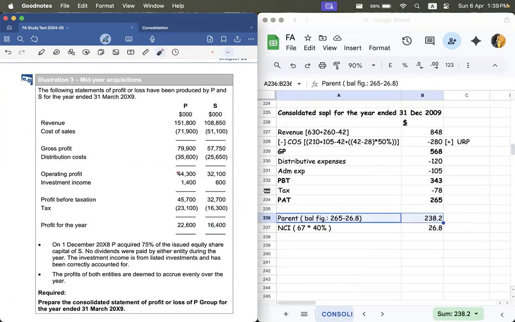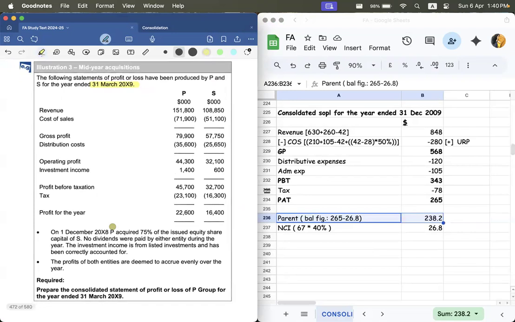I'm just going to read this off. The following statements of profit and loss have been produced by P and S for the year ended 31st March 2009. Here they have given you that on 1st December 2009, P acquired 75 percent. So the acquisition happened in December.